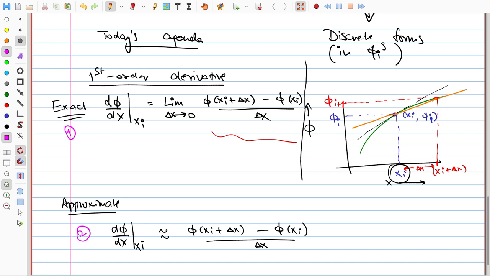Because see, in computers your delta x can be small. You can make it as small as you want, as small as your computer allows in the precision of your machine, but it cannot be identically 0. It cannot be exactly 0, as tending is always a theoretical idea anyways. So, it can be small. So, we will say that this delta x is finite, but we will still be happy. It is an approximation.